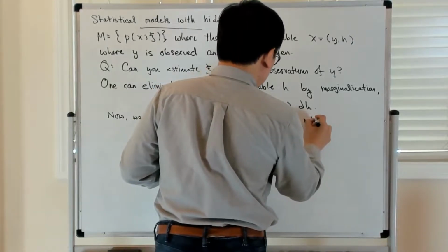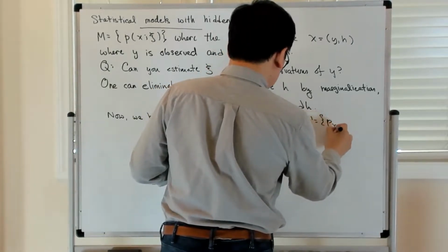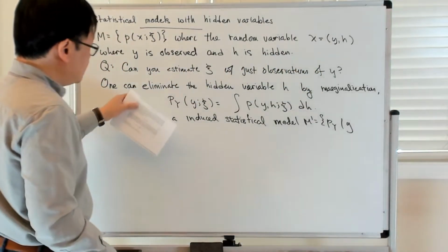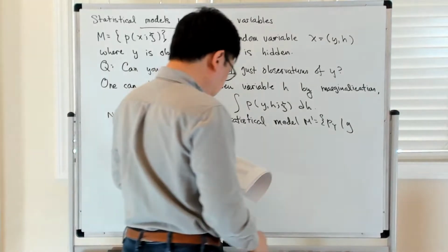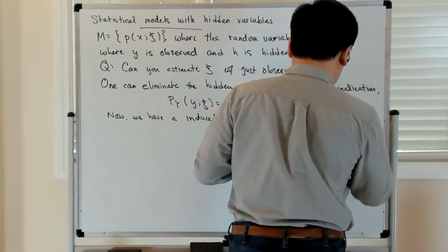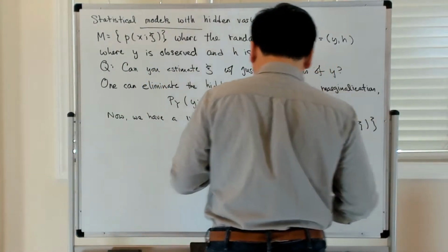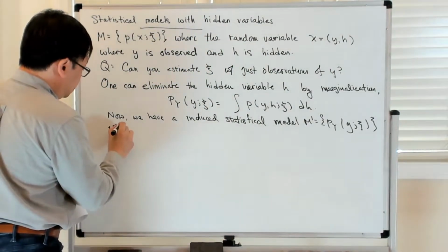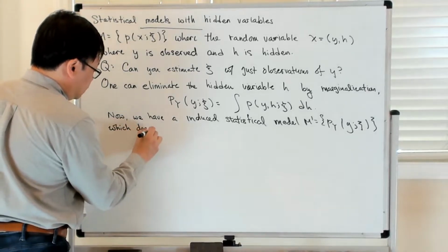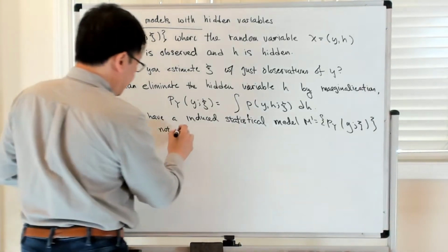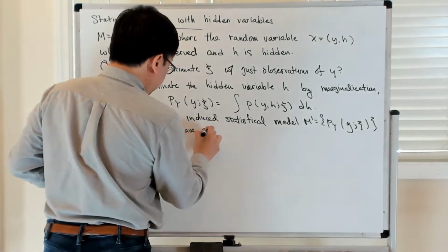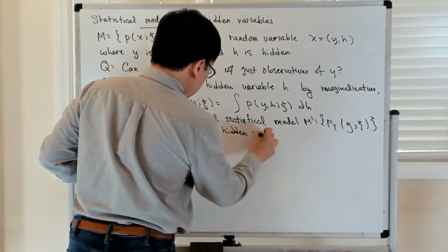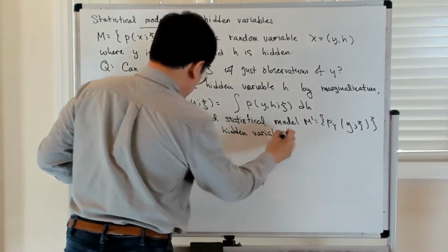Let's call that M prime, which involves these marginal distributions, which doesn't have any hidden variables, right? So that's one very natural way to do it.